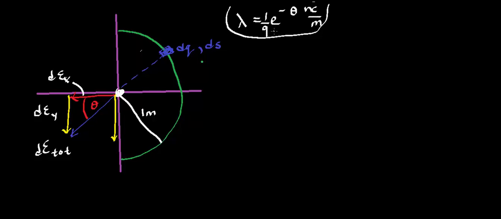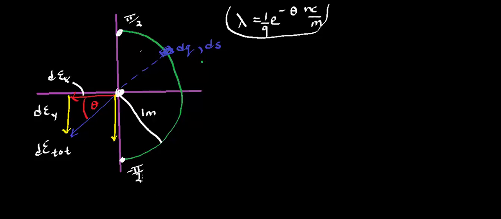Lambda in this case is 1/9 e to the negative theta nanocoulombs per meter. What this literally means is that as the value of theta increases, the charge density drops. Notice that the maximum value of theta is pi over 2 radians, and the minimum value of theta is negative pi over 2 radians.